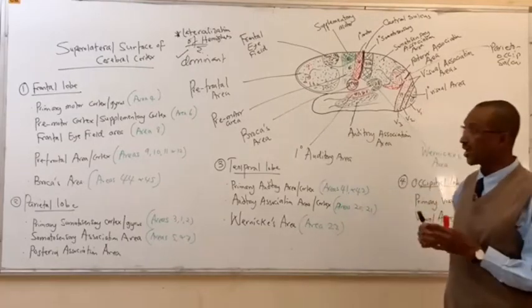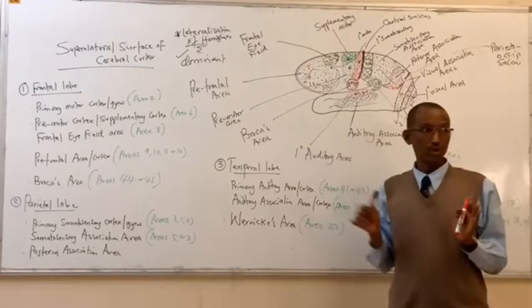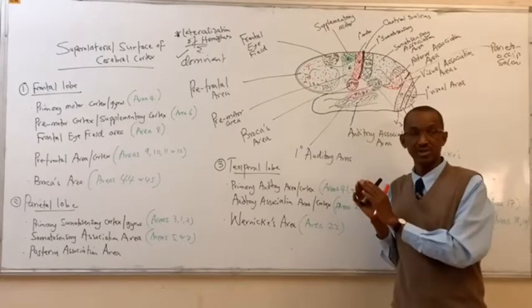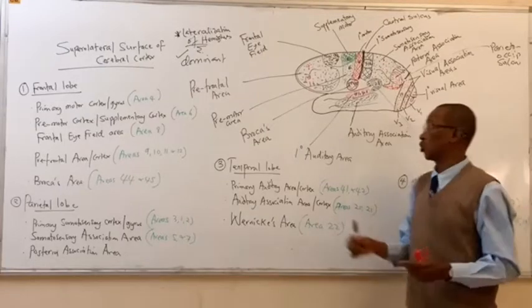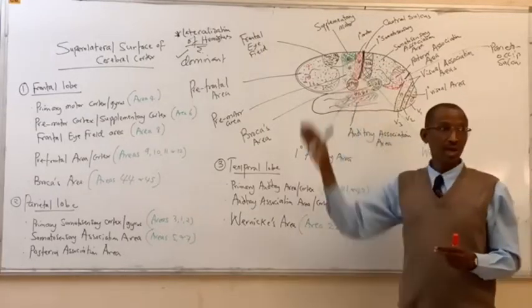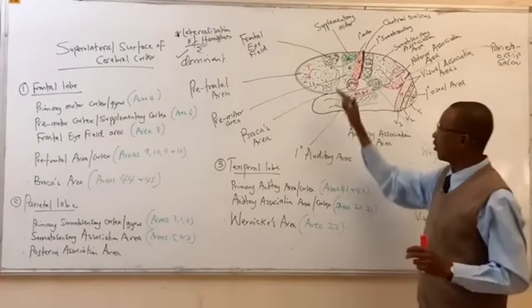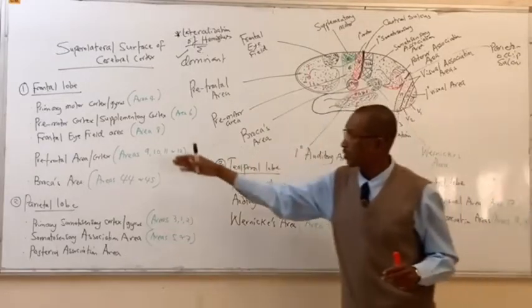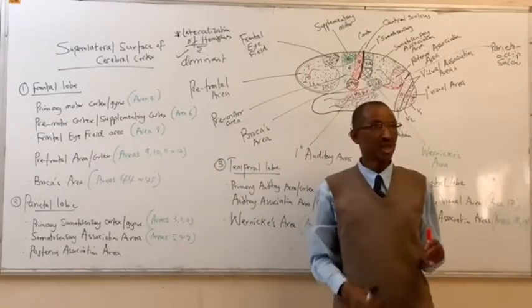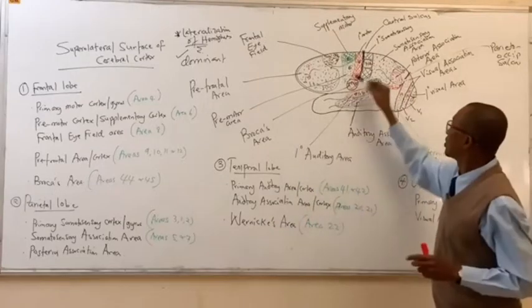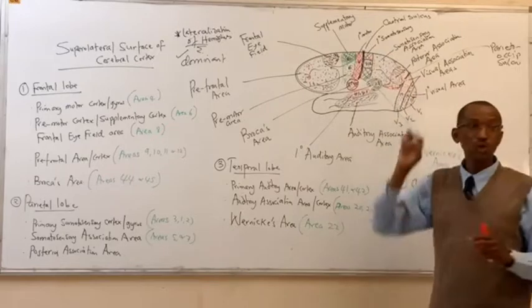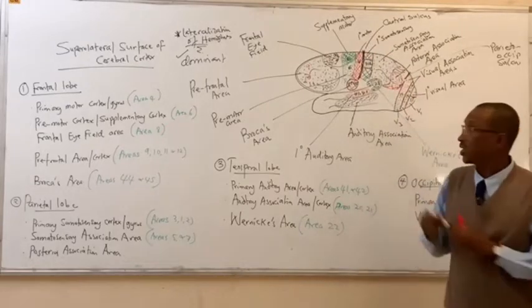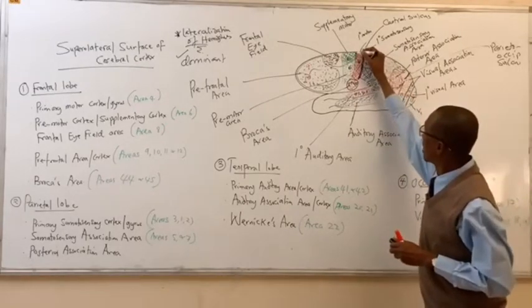So if you now take the frontal lobe, we are going to discuss the superolateral surface based on the lobes themselves. If we start with our frontal lobe, on the frontal lobe you have about 5 important areas that we are going to discuss. Anterior to the central sulcus, this is our central sulcus, anterior to it there is one bump. This bump is a gyrus.